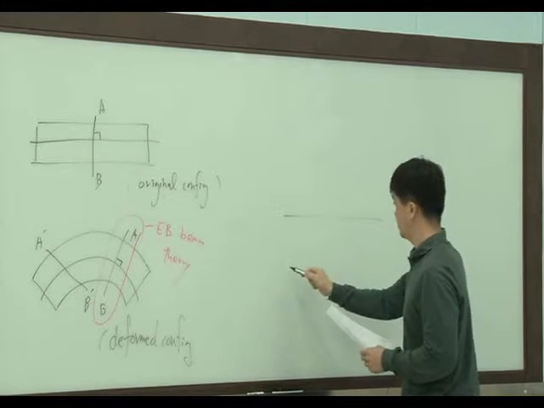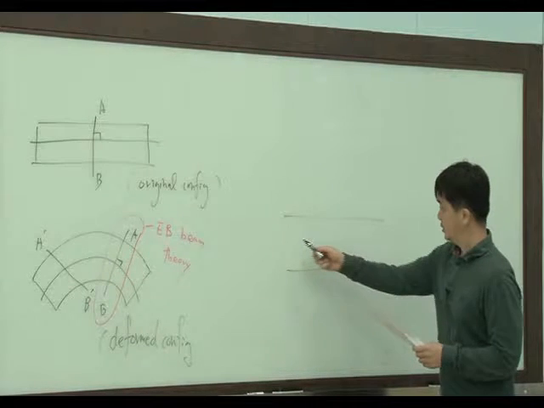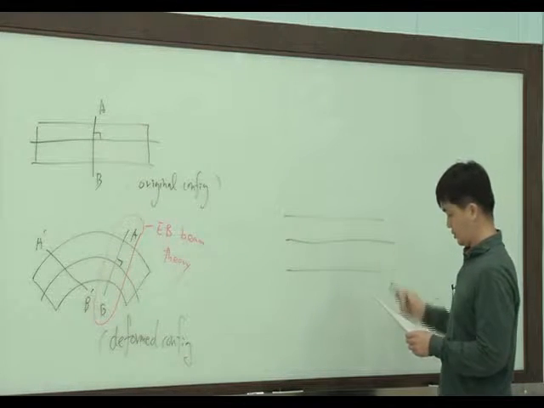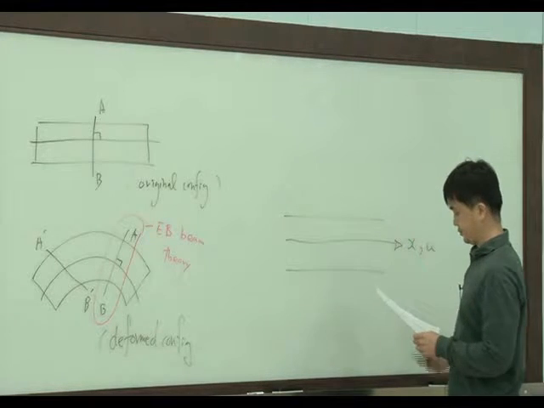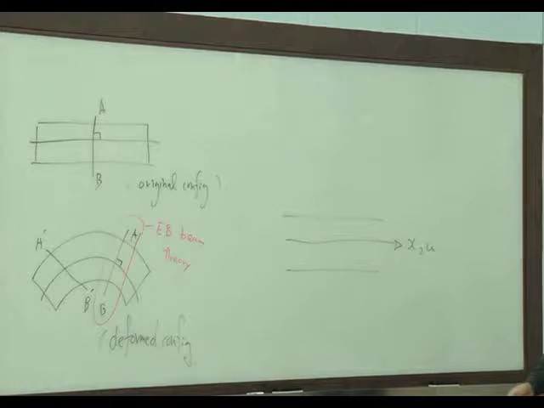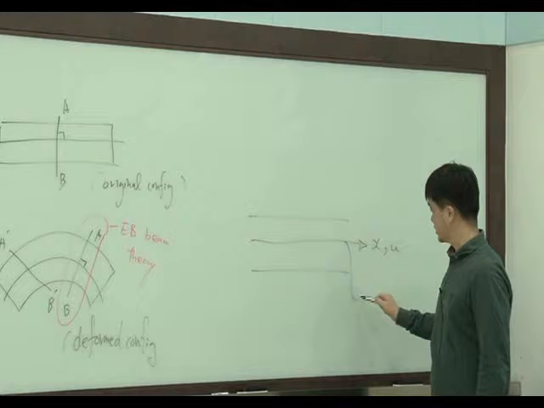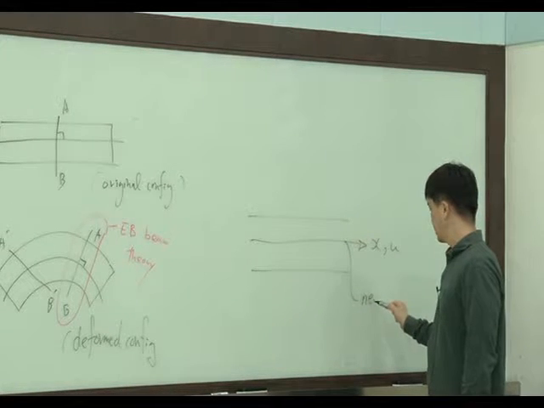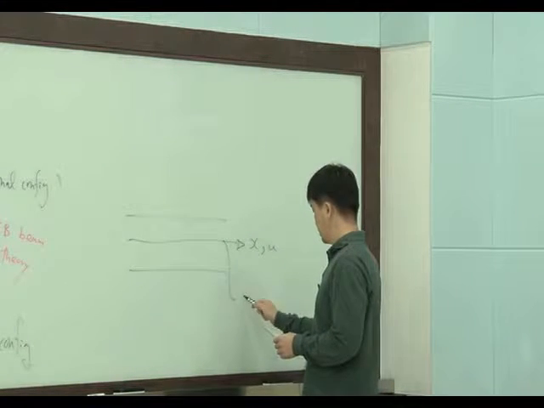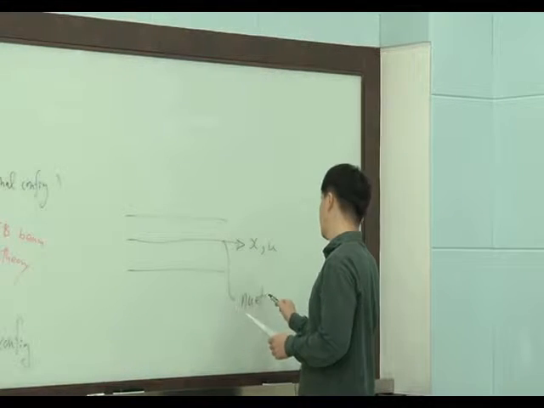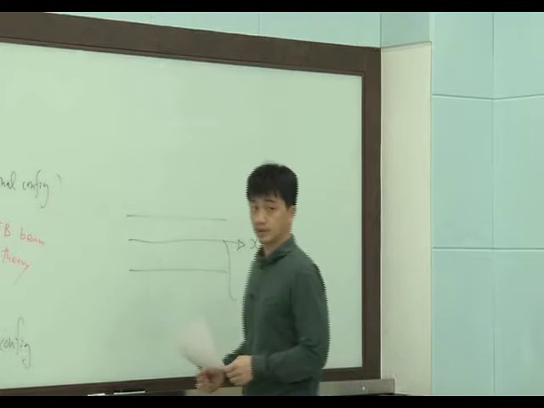Let's consider a beam, and this has a midline, something like that, with x-axis and u. Let's think this is a neutral axis. What's the neutral axis?